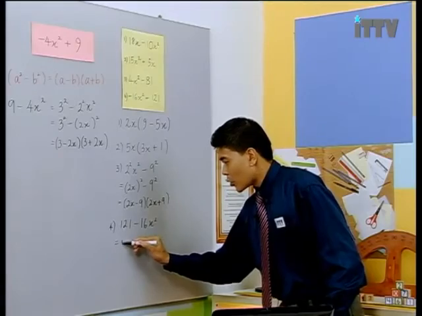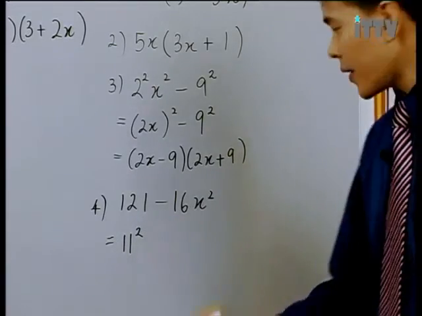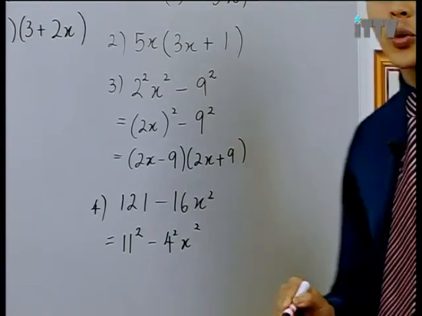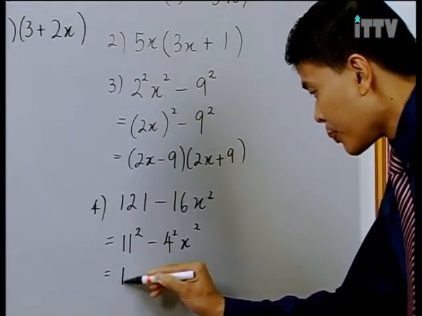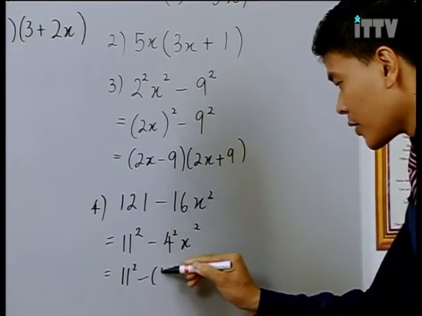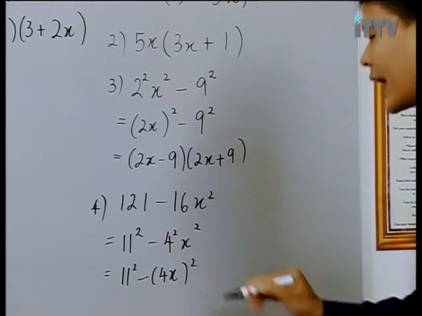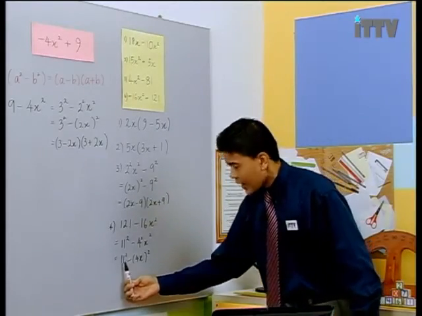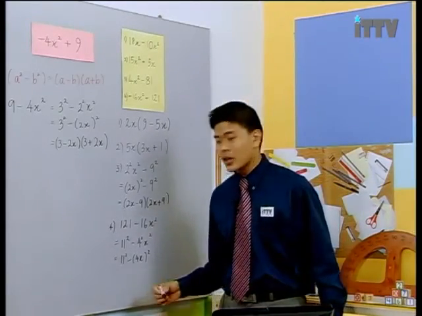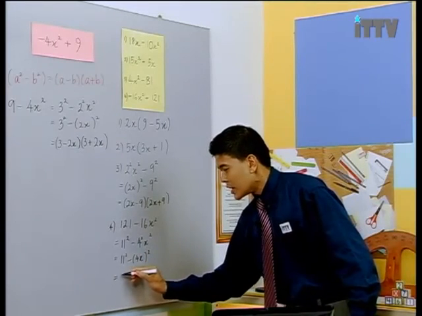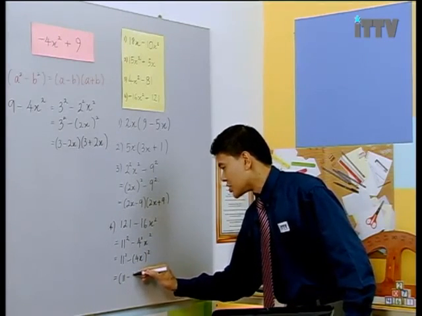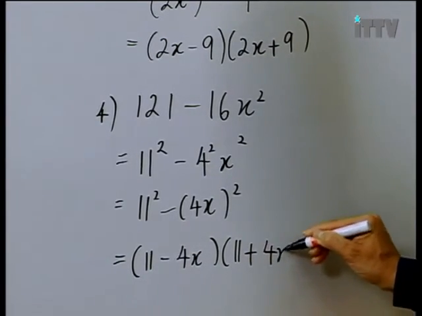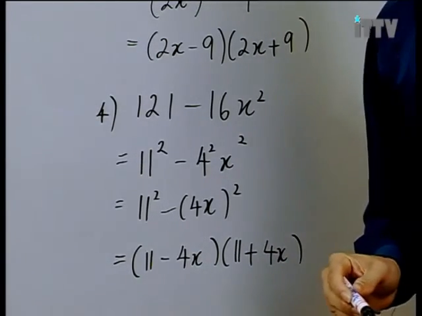Write 121 as 11 squared, and 16x squared as 4x all squared. You must be very careful with this part. Lastly, it is a subtraction of a perfect square 4x from another perfect square, 121, written as 11 squared. The factorized version is (11 minus 4x)(11 plus 4x).